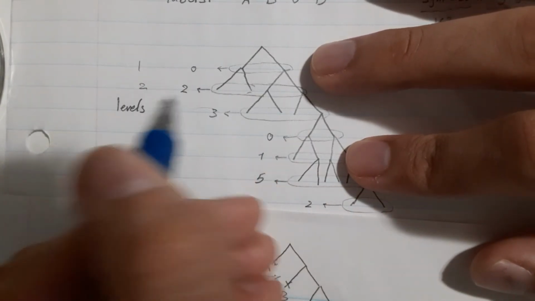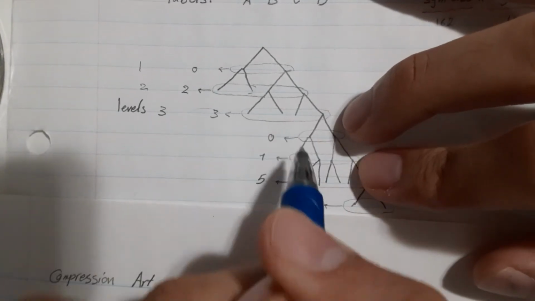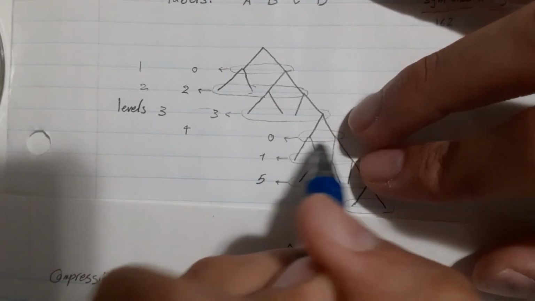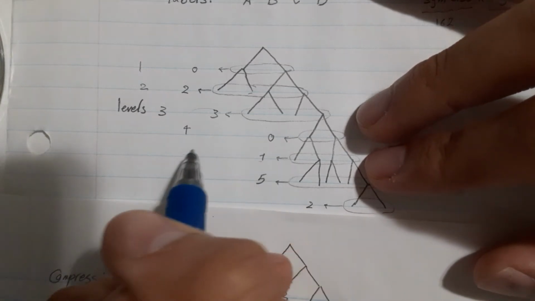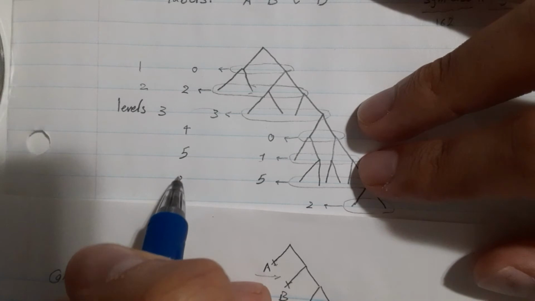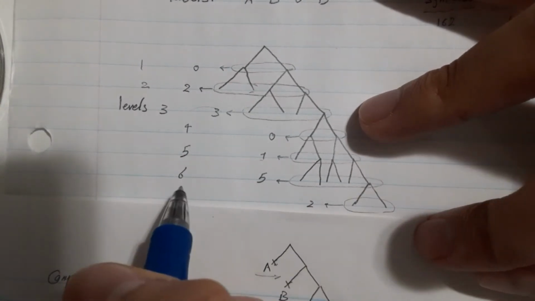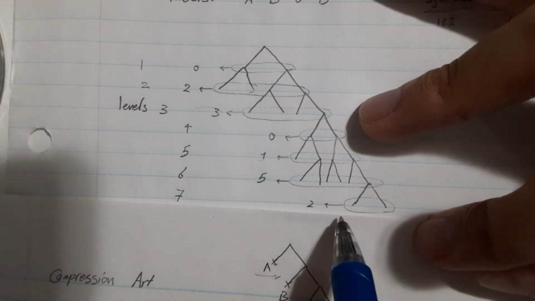For length 2, there are 2 branches. For length 3, there are 3 branches. For length 4, 0 branches. For length 5, 1 branch actually. For length 6, 5 branches, and for length 7, 2 branches.